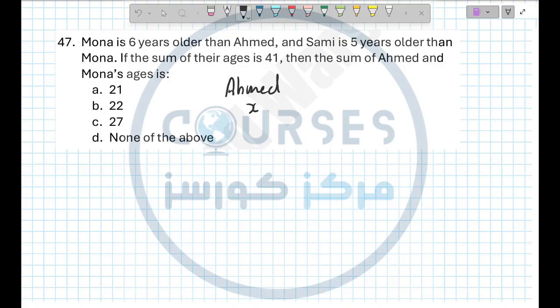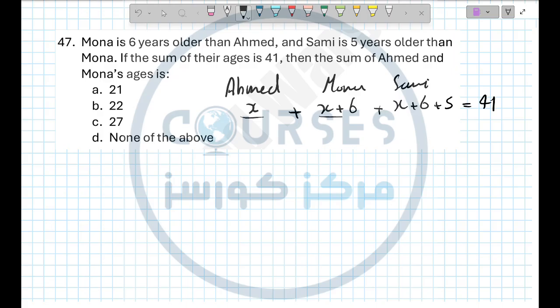So Ahmed is x, and Mona is 6 years older than Ahmed, so Mona is x plus 6. Sami is 5 years older than Mona, not than Ahmed. So the same age as Mona, and then add 5 to that. When you add all of that, their ages equal 41.